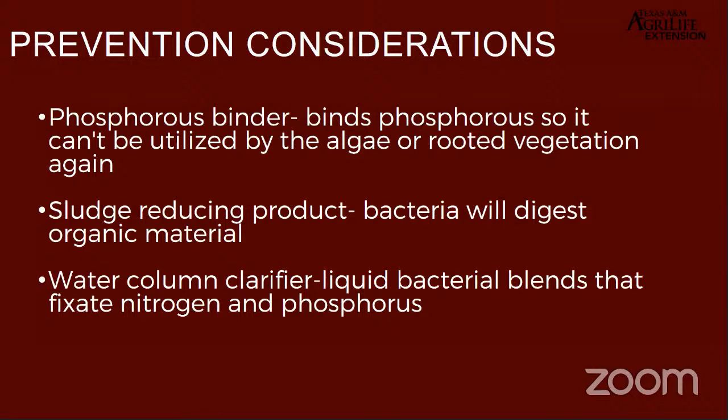And these clarifiers are high performance liquid bacterial blends that fixate nitrogen and phosphorus. And most of the time, these products are just called water column clarifier. You'll see them from different companies like Natural Lake, Biosciences, etc.